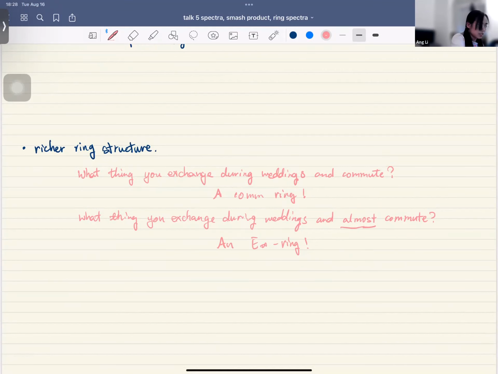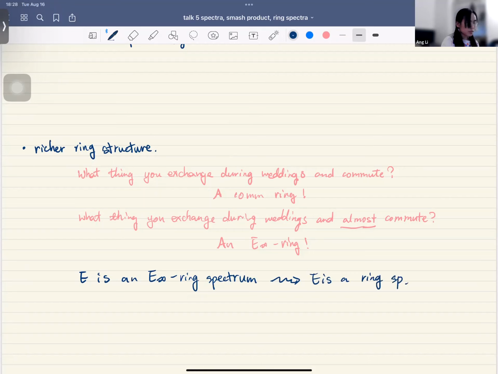That is okay. I'll write this. So if E is an E-infinity ring spectrum, that implies E is a ring spectrum. And well, not vice versa.